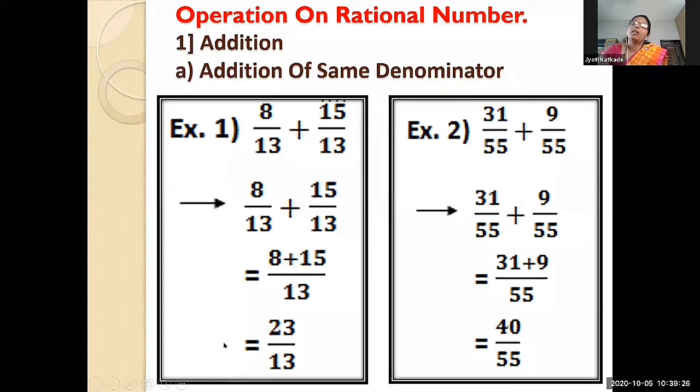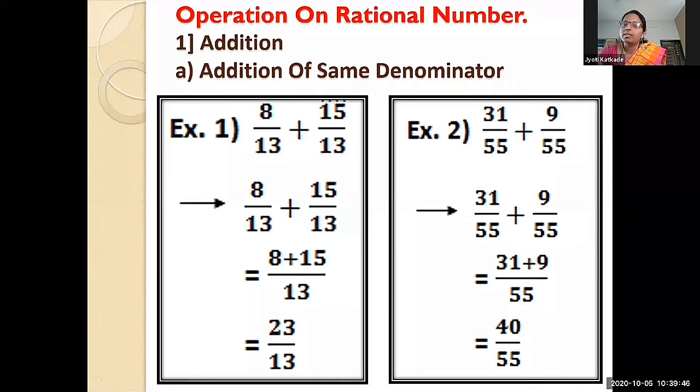Now there are 2 types of addition of rational numbers. First one is addition of rational numbers having the same denominator, and second is addition of rational numbers having different denominators. Now first one is addition with the same denominator.